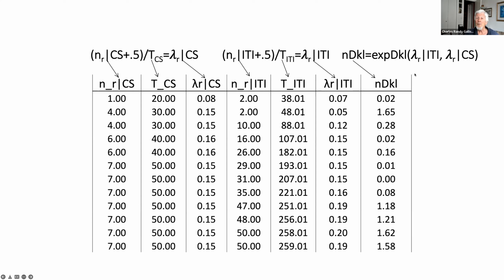And then you plug those two rate estimates into the NDKL function for the exponential. So in this column, you have the strength of the evidence that the two rates you've calculated differ, which is the thing that you're interested in.